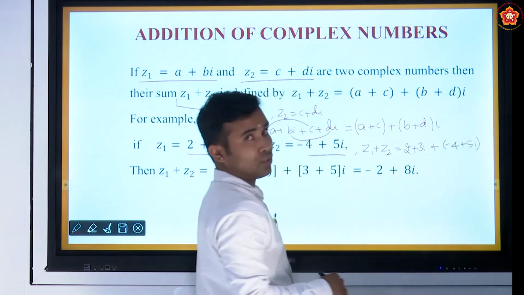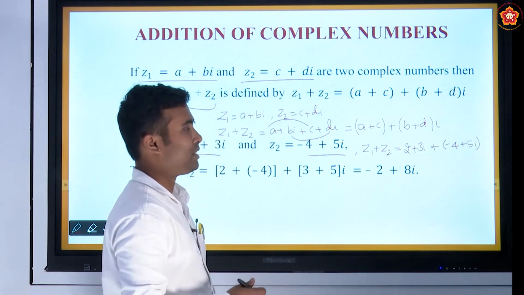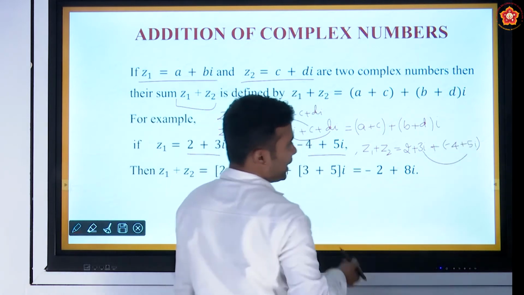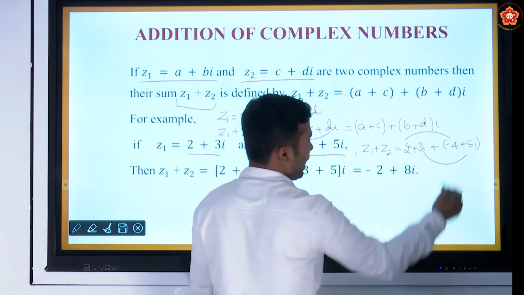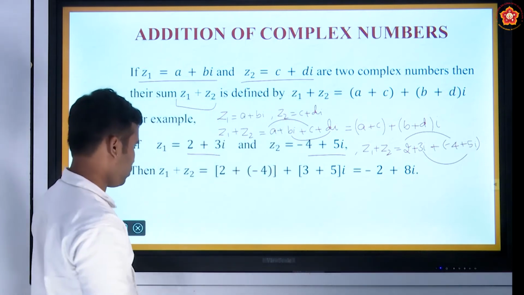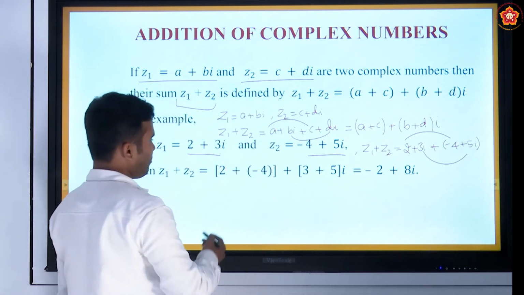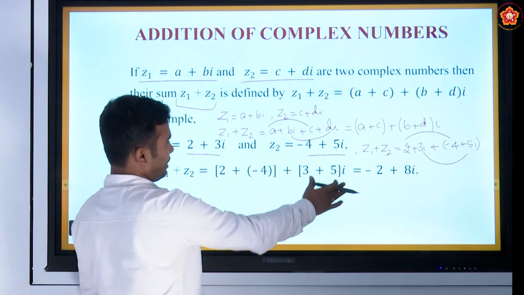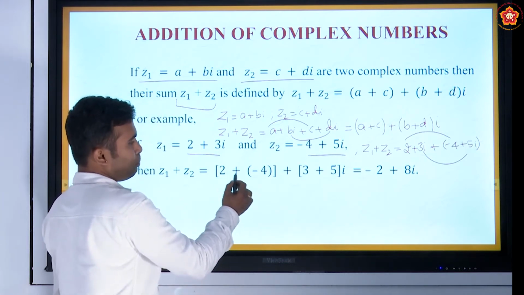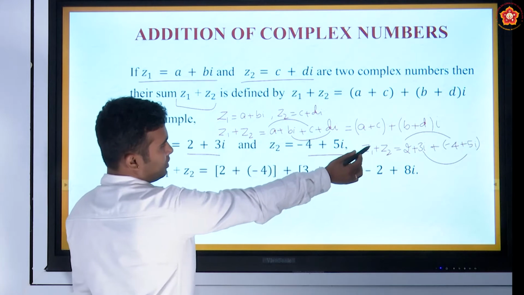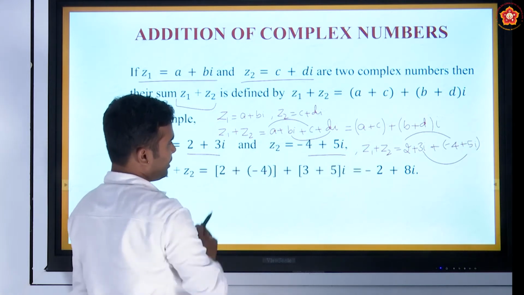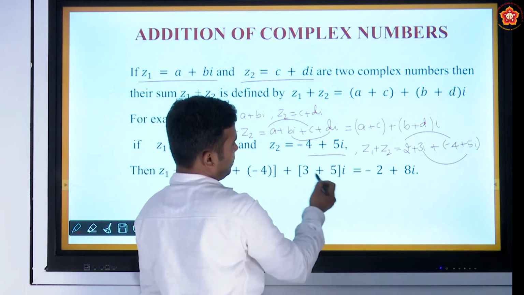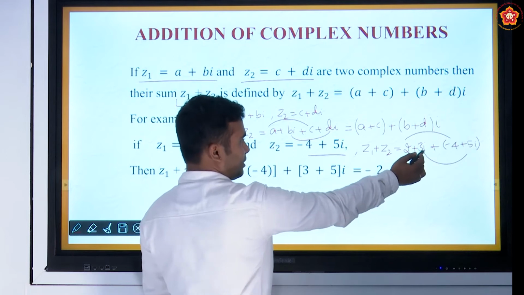Now what you are going to do is add the real and imaginary parts separately. The imaginary parts are 3i and 5i, and the real parts are 2 and minus 4. You should group them and then simplify. So now I am grouping the real parts on one side and the imaginary parts on the other. 2 plus the other real part, minus 4, plus the imaginary part, 3 plus 5, where I took i common between 3 and 5.